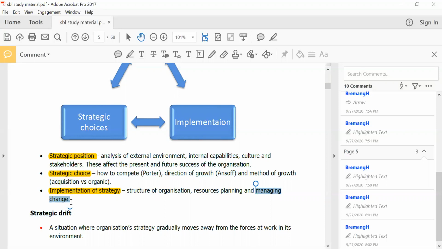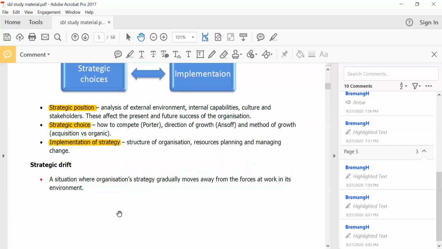There are instances where, as a result of implementing your strategy, there may be changes because we do not exist in an environment which does not change. We exist in a changing environment. So we should also look at how we can manage change in instances where the factors of the environment tend towards change.